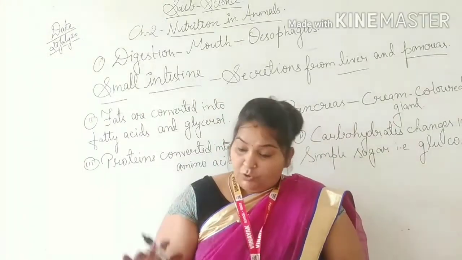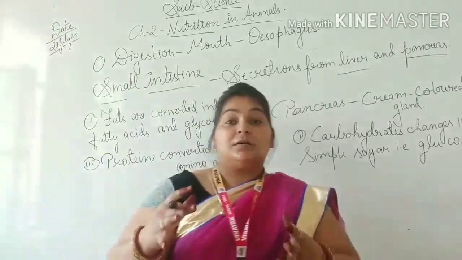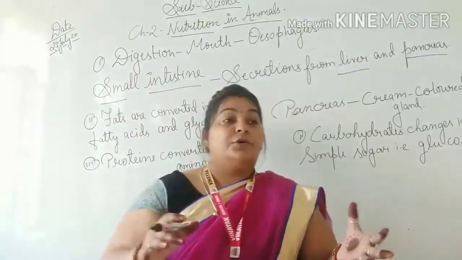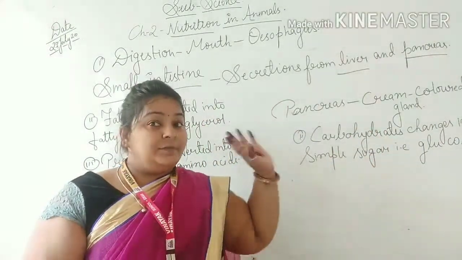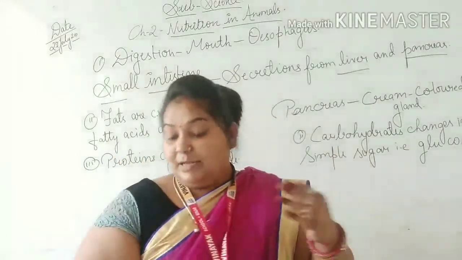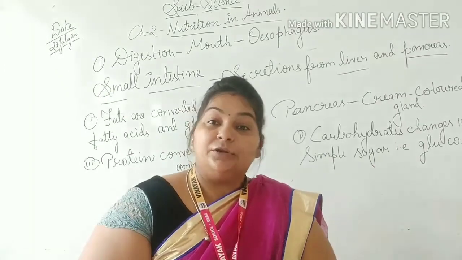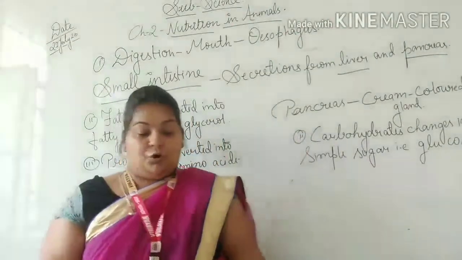As a result, all the components are digested and broken down into simpler forms: carbohydrates into glucose, fats into fatty acids and glycerol, and proteins into amino acids. I hope this is clear to you all now.